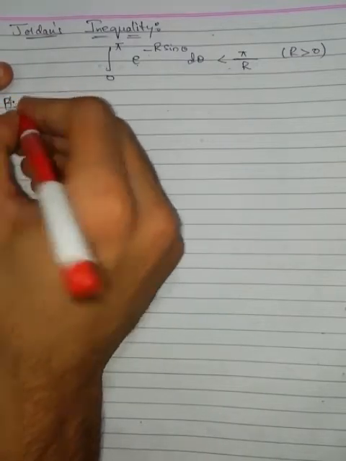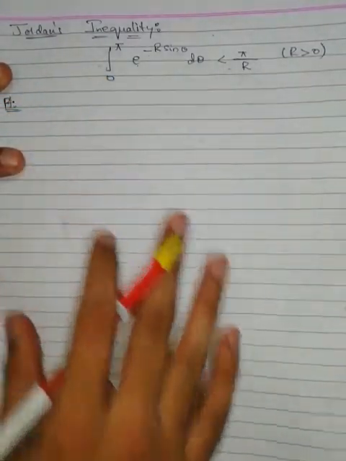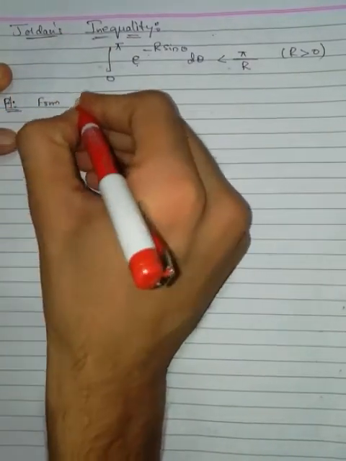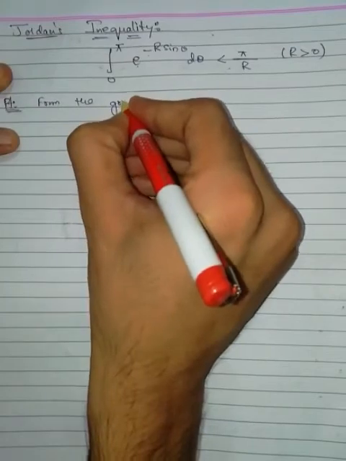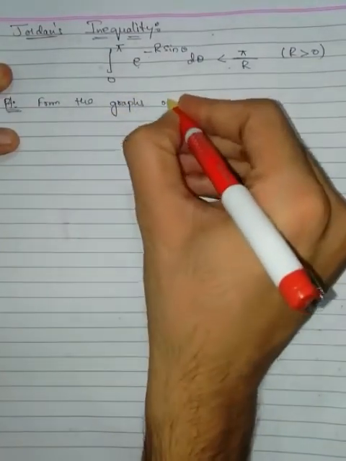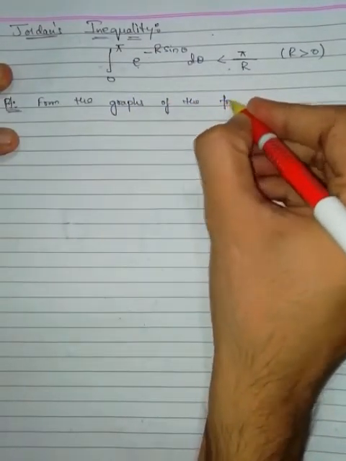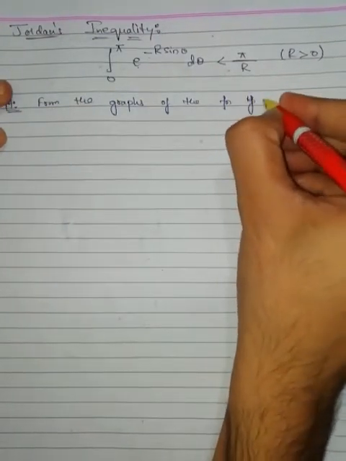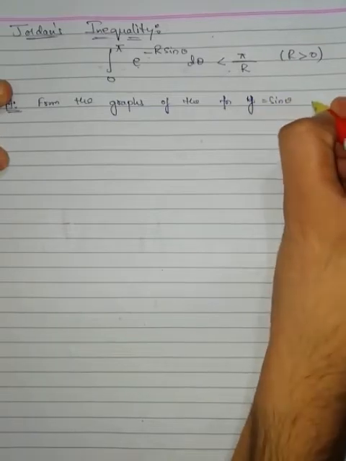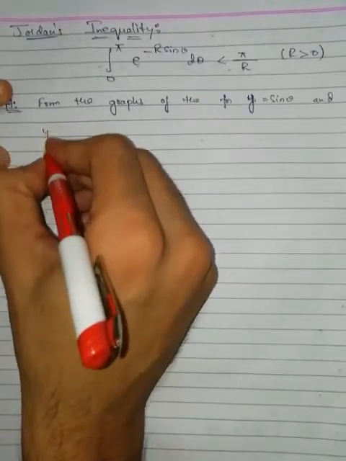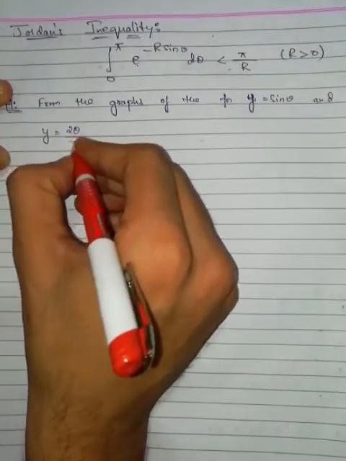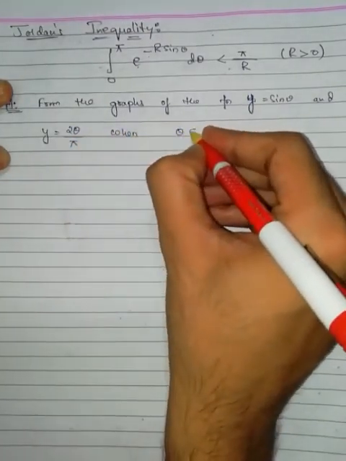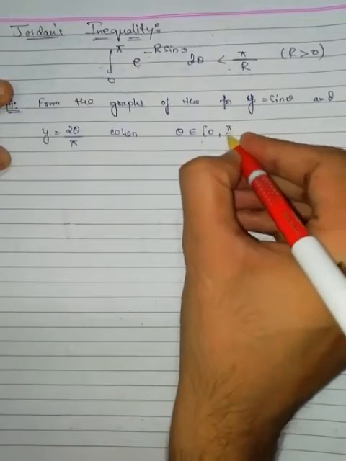Proof. From the graphs of the function y is equal to sin theta and y is equal to 2 theta by pi, when theta belongs to closed interval 0 to pi by 2.